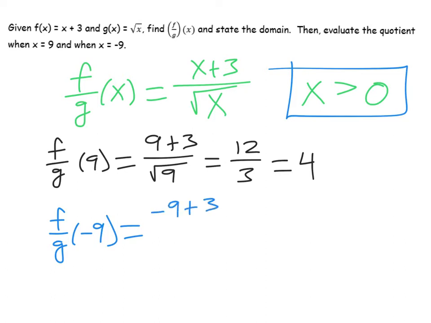Put in -9. Nothing really crazy on the top. You get -6. The bottom, right, because square root of -9 is 3i, the bottom becomes 3i.